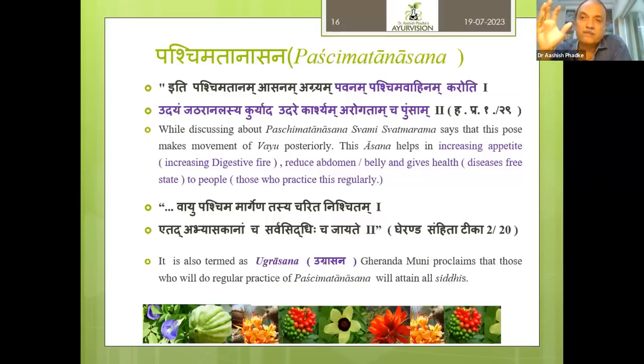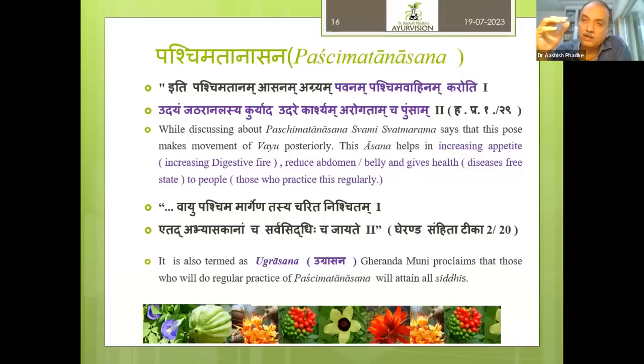Agni is fire, digestive fire is a literal translation. But to understand what that fire is, it is nothing but your metabolic capacity. Whatever you eat, whatever you drink, that needs to get completely digested. Whether it is food or medicine, it should get digested and assimilated, right? For that, you require better Jatara Agni. And that Jatara Agni becomes better by doing regular practice of Paschimottanasana.